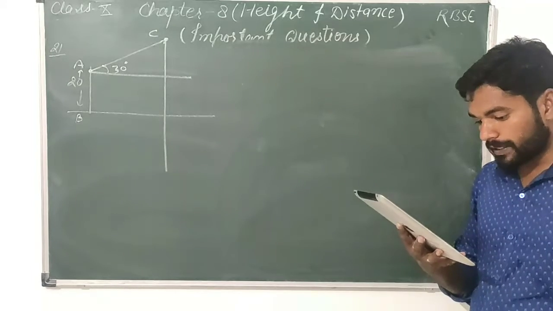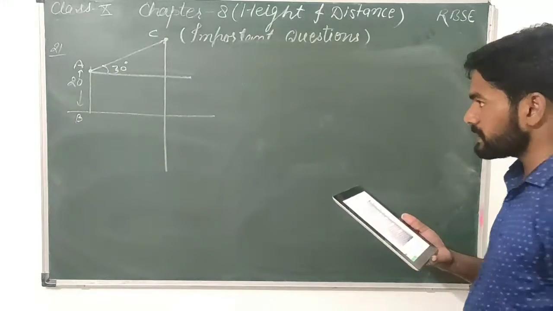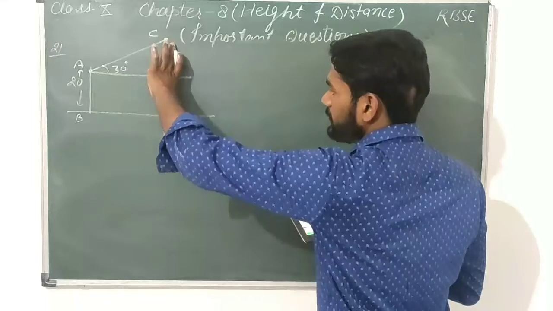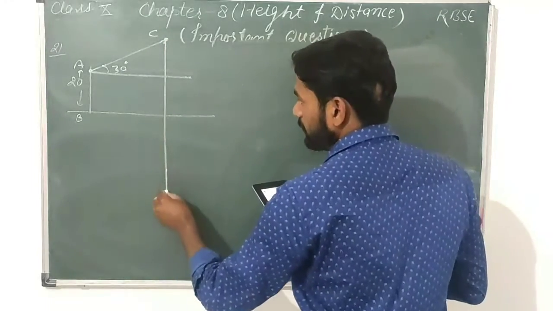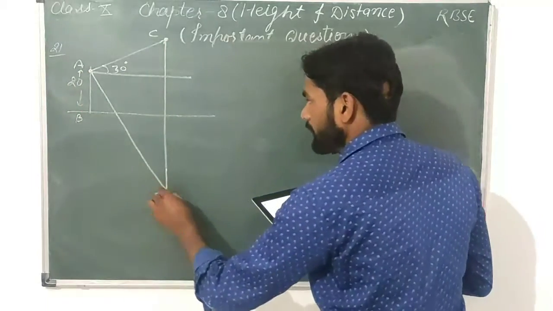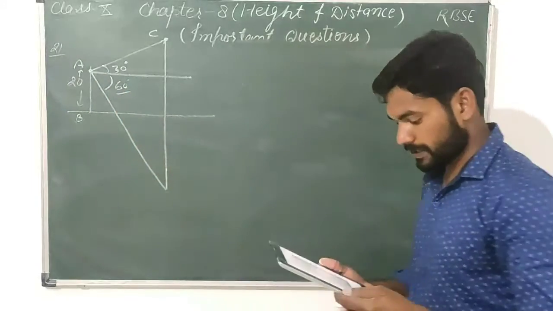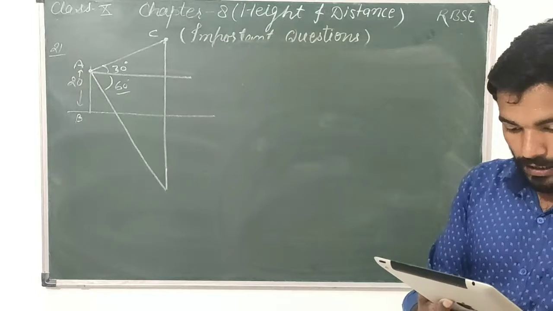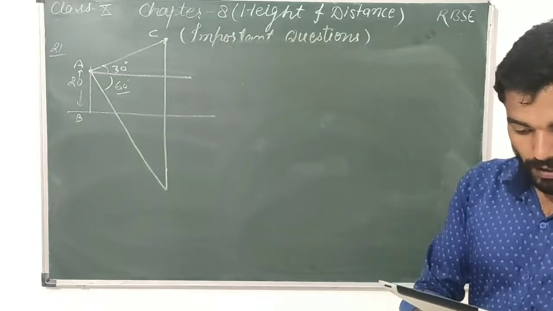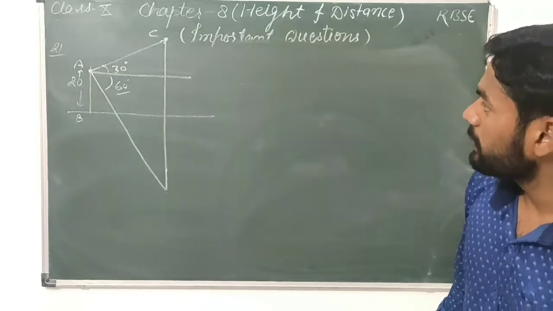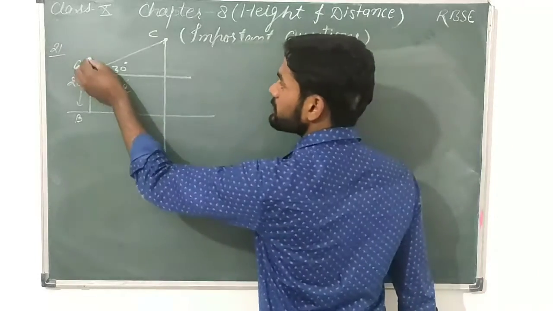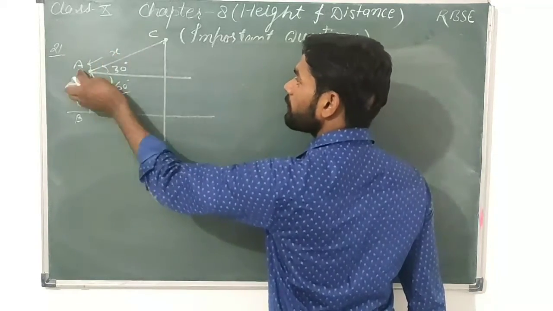After it, if the angle of depression of its reflection, so its reflection will be here, as much as it is above, and from the same point the angle of depression of this reflection is found to be 60 degree. Then find the distance of the cloud from the point A. Find the distance of the cloud from the point A.